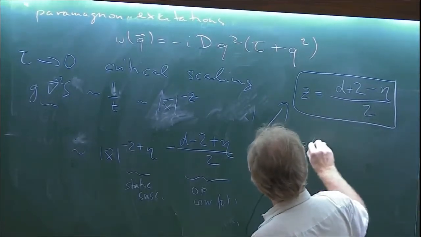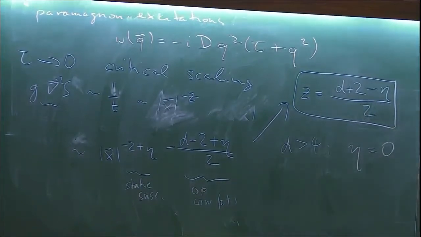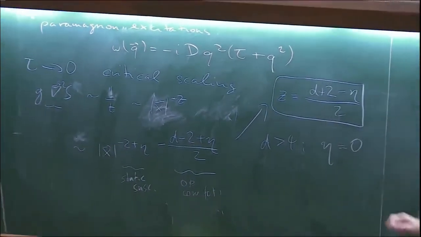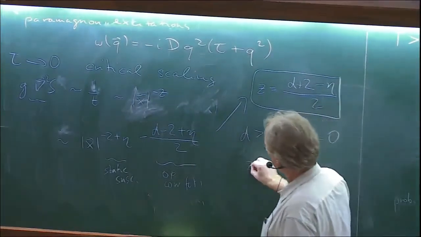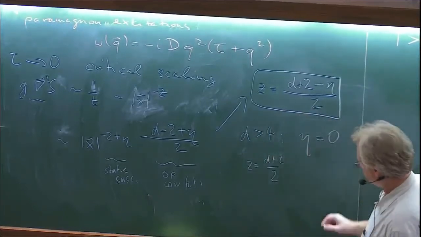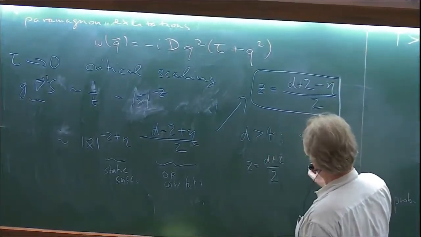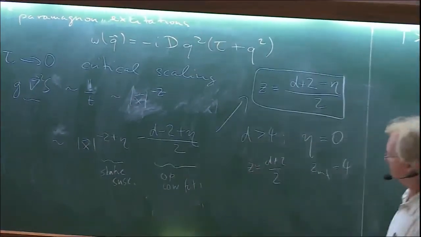Of course, if I'm in more than 4 dimensions, I know that eta is 0 because that's a static critical exponent above the critical dimension. And then I get just d plus 2 over 2. In mean field, I have model B. All the nonlinear couplings go away.